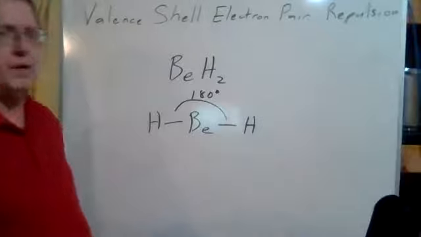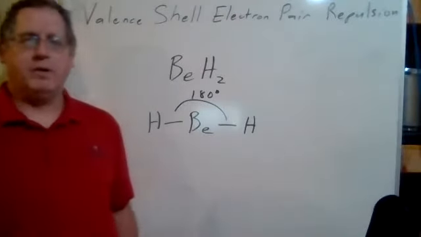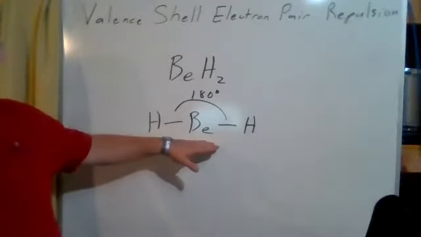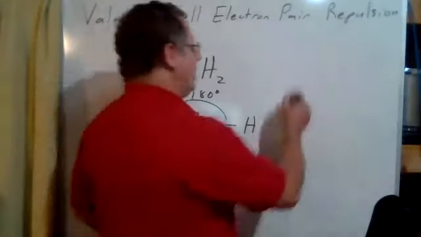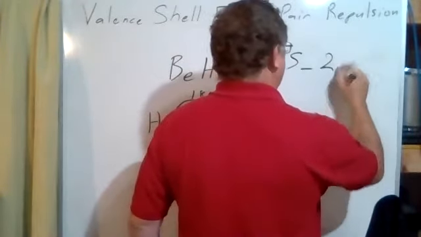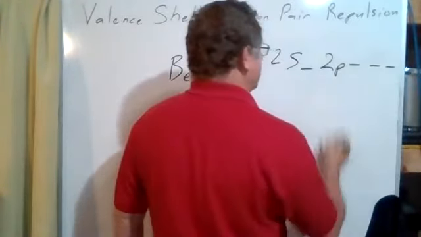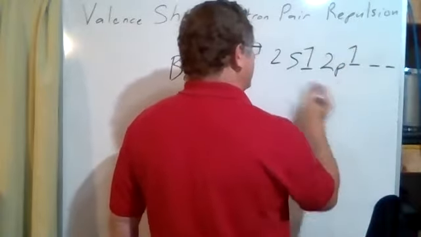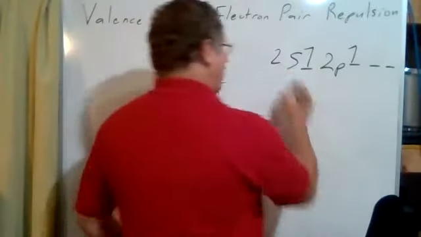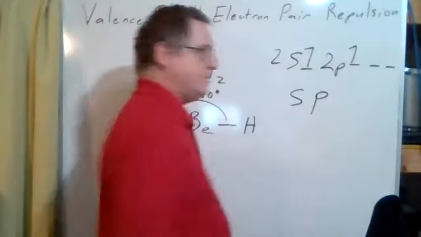is 180 degrees. Now, even more than that, I can look at the type of hybrid orbitals. On the beryllium, I only have two electrons. So normally I would look at the 2s and the 2p electrons, but I've only got two electrons there total. So in the formation of two hybrid orbitals, there's going to be an s and a p.